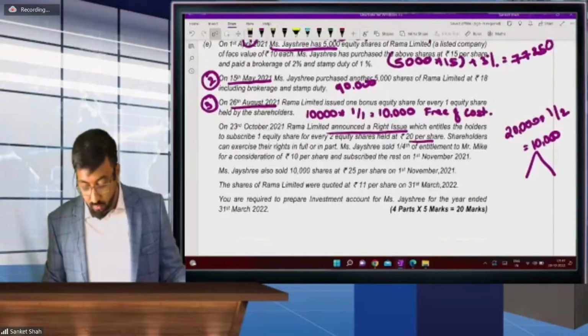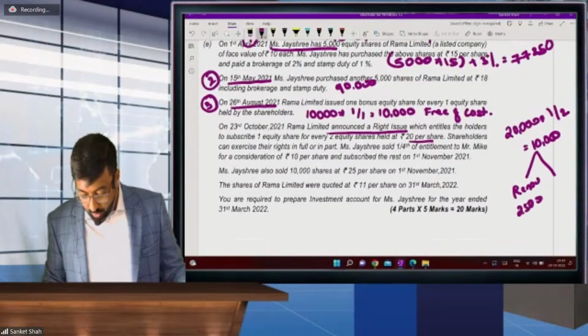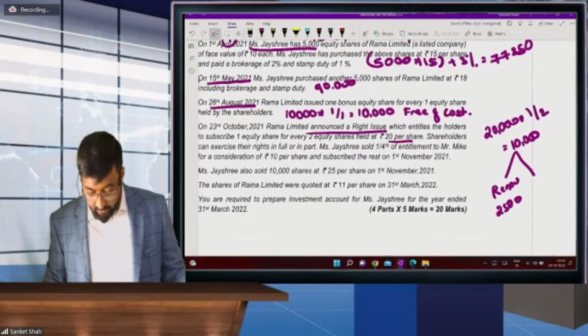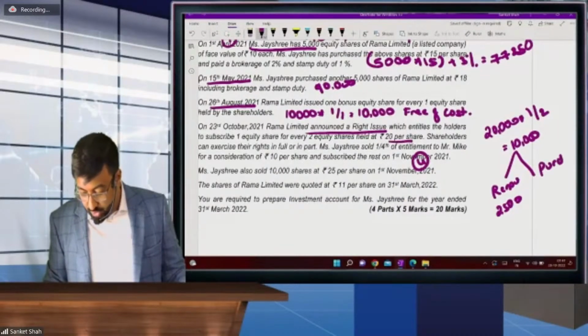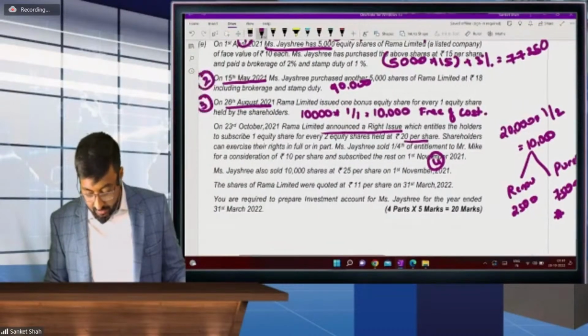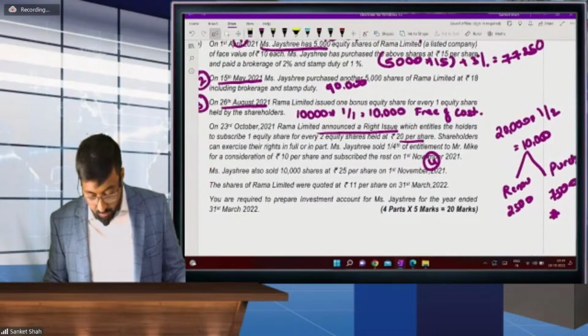Jayashree sold 1/4 entitlement, so renouncement of 2,500, and remaining she subscribed for. Okay, so fourth one, so purchase, renounce means transfer to another person 2,500, and 7,500 she bought it at rupees 20 per share.